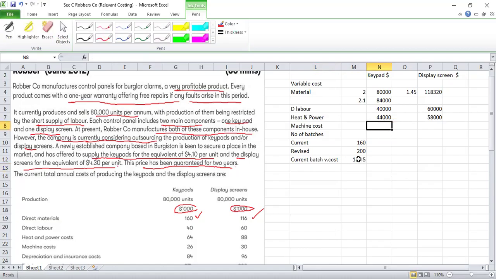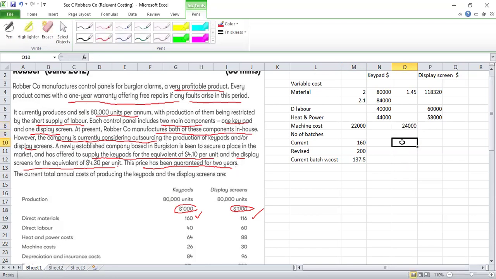We simply know how we determined 22,000: we determined the variable proportion, 26,000 minus 4,000, and here we will calculate 30,000 minus 6,000.